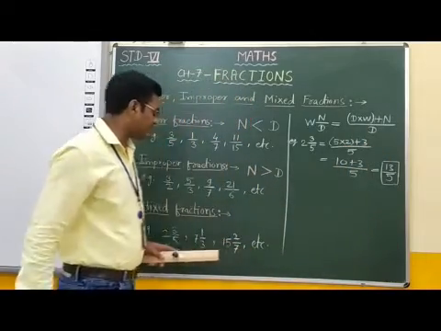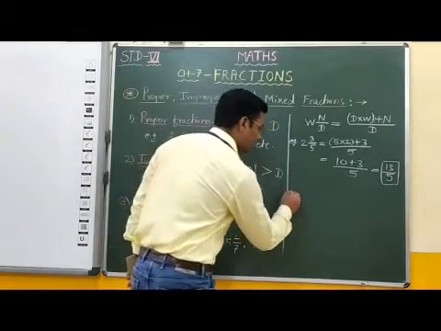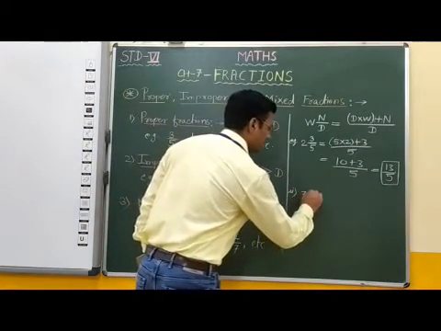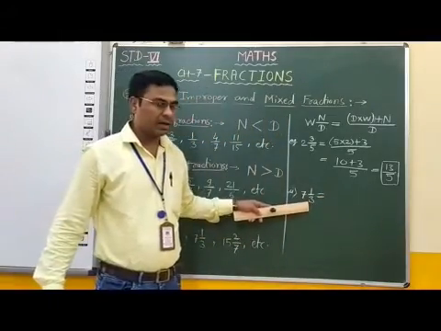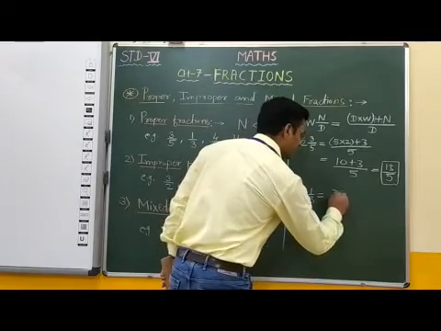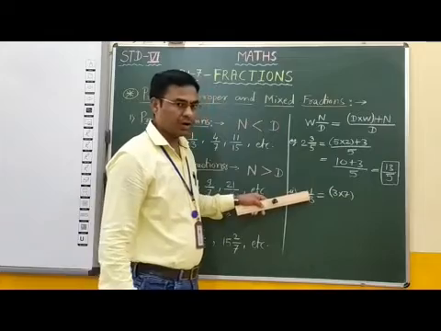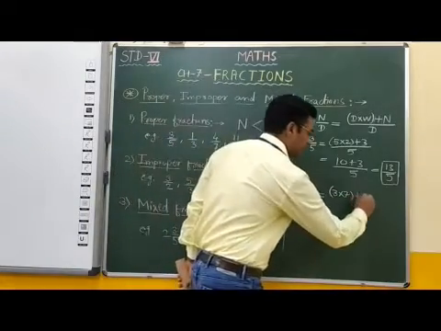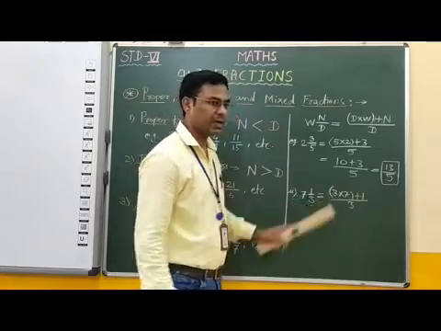Now, if we take the second example, 7 1 by 3. The denominator multiplies with the whole number. Therefore, here we can write 3 into 7 in bracket, and addition of numerator, divided by denominator. Now 3 sevens are 21.